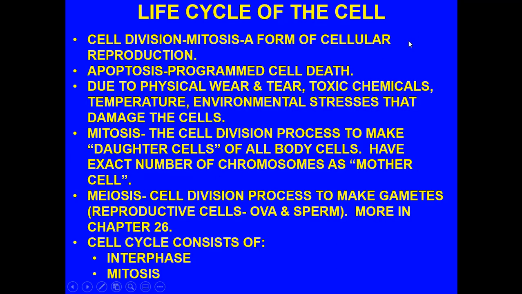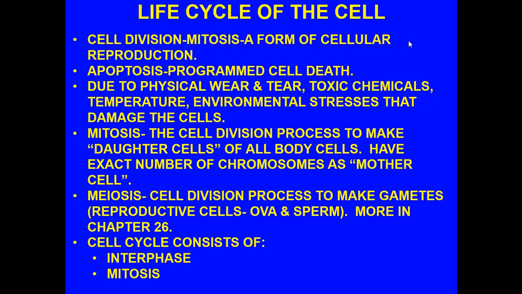Now, we've been talking about cell structure, membrane transport across the cell membrane. Now we're going to talk about, how come I'm made of billions and billions of cells as opposed to one cell?